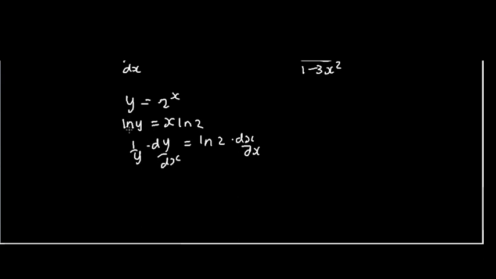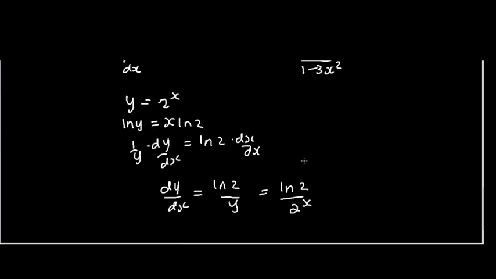You know that when you differentiate ln of any given function, it is 1 over the function times its derivative, which is the same as 1 over y dy dx. And so we shall have finally that dy dx will equal ln 2 over y, which is the same as ln 2 over 2 to power x. And this is our derivative function of this given function.